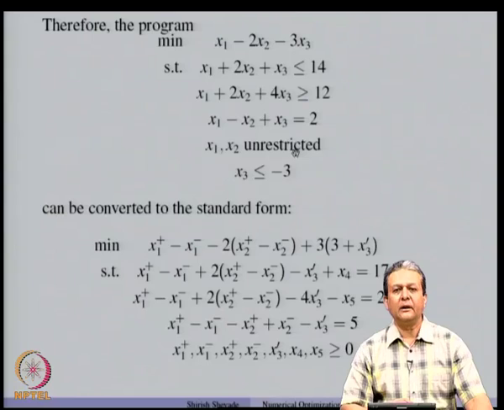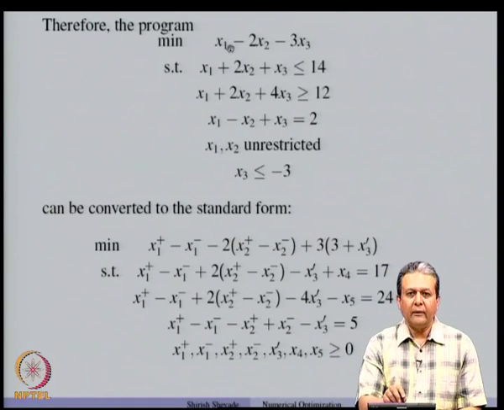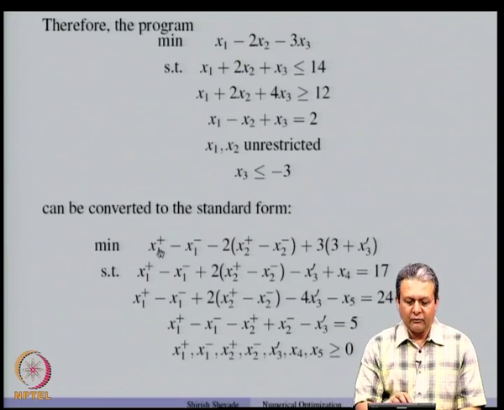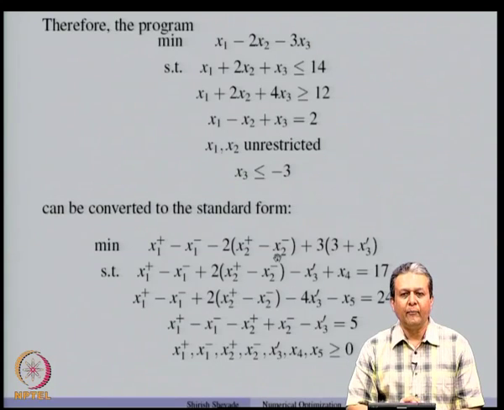can be written in standard form as so. Wherever x1 is there, we replace x1 by x1 plus minus x1 minus, x2 is replaced by x2 plus minus x2 minus, and x3 will be written as x3 dash.